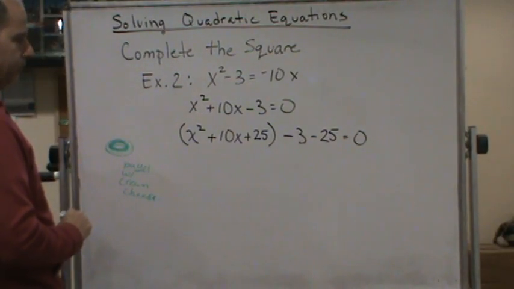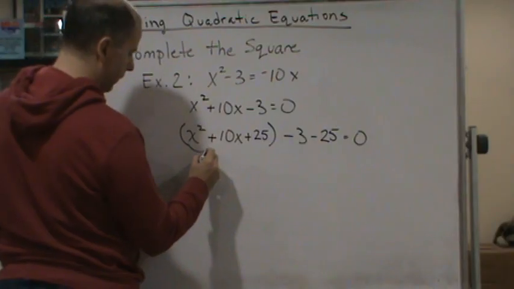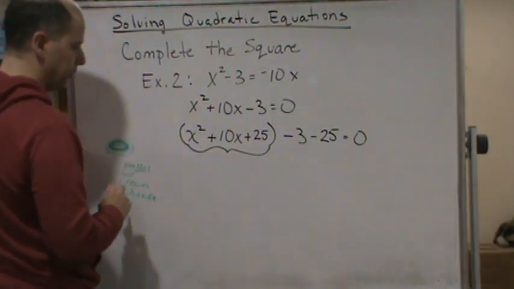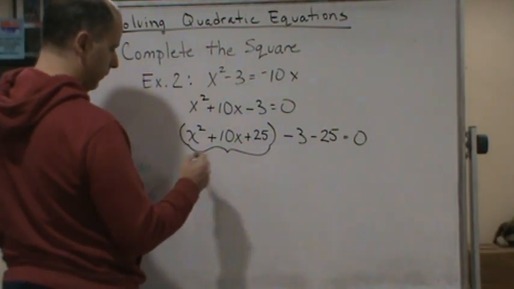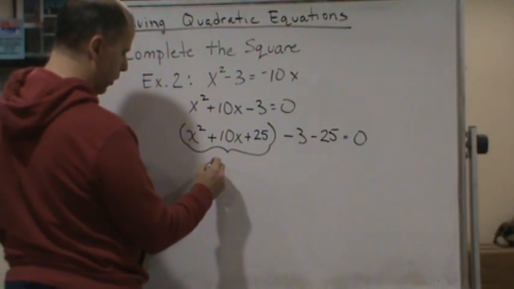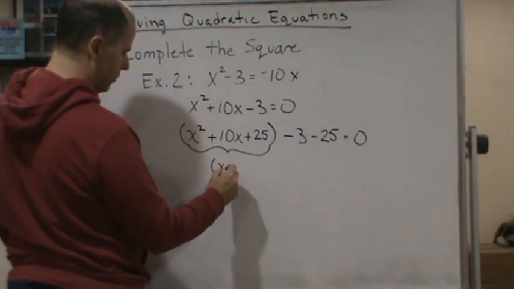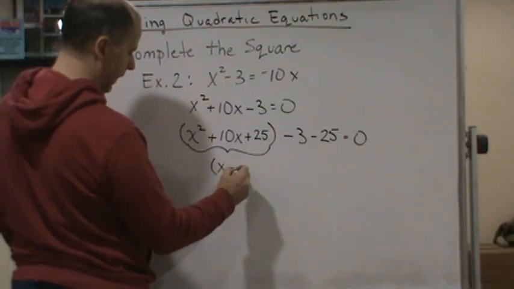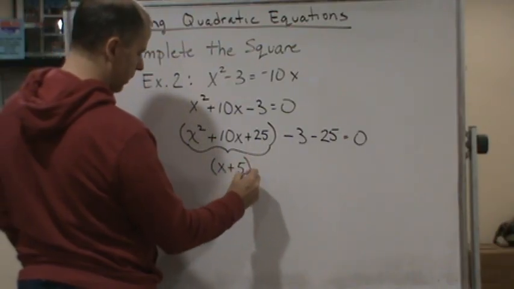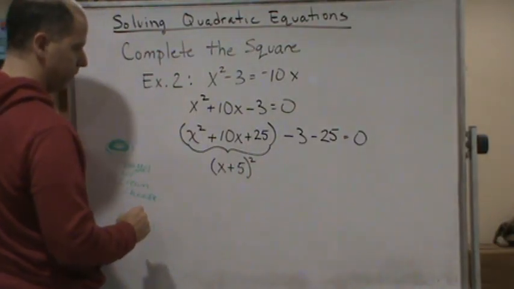Okay? So now this is a perfect square trinomial, and I know that this reduces to what? x plus 5 quantity squared.